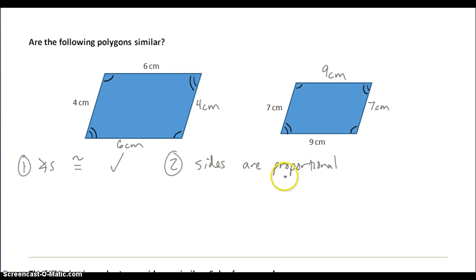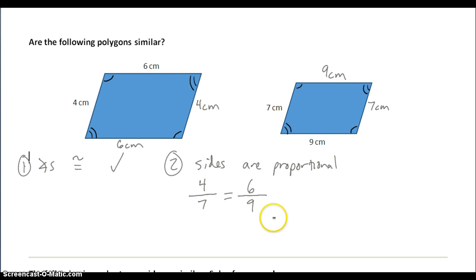To check proportionality, I need to set up a proportion. I'm going to start with 4, and I'm going to compare it to 7. And then I'm going to switch to 6, and I'm going to compare it to 9. So I've gone from 4 to 7 and then from 6 to 9, and I need to check this proportion.